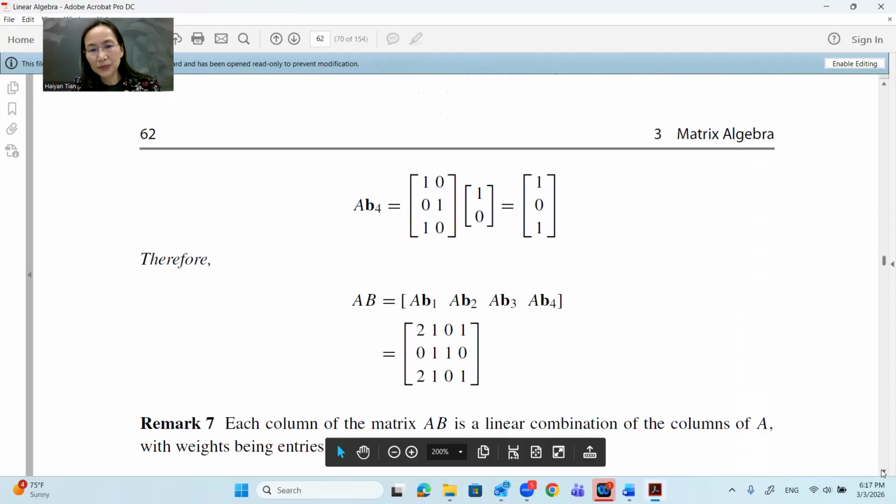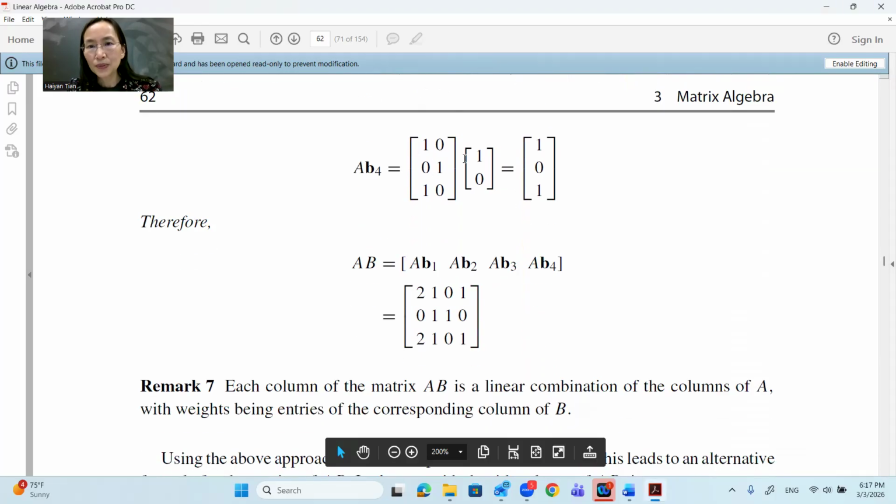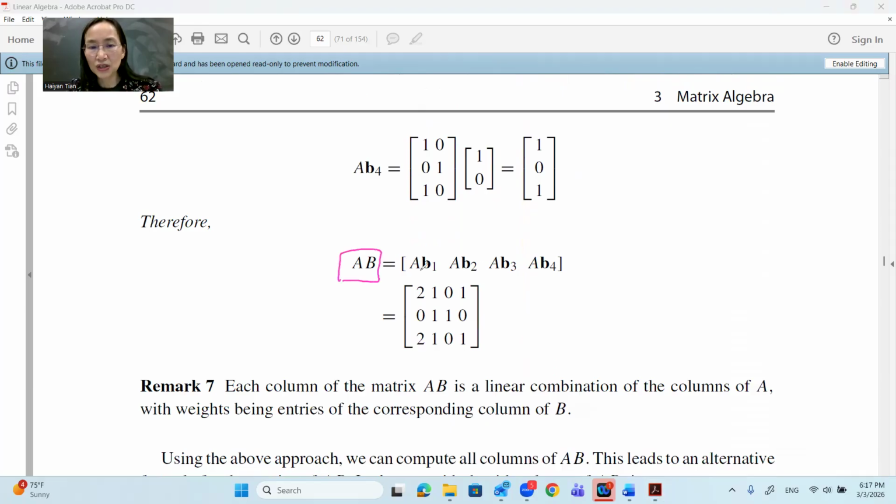So AB1, AB2, AB3, AB4, then what's the product? A times B is just A times each column of the matrix B. And then we find AB1, AB2, AB3, AB4.